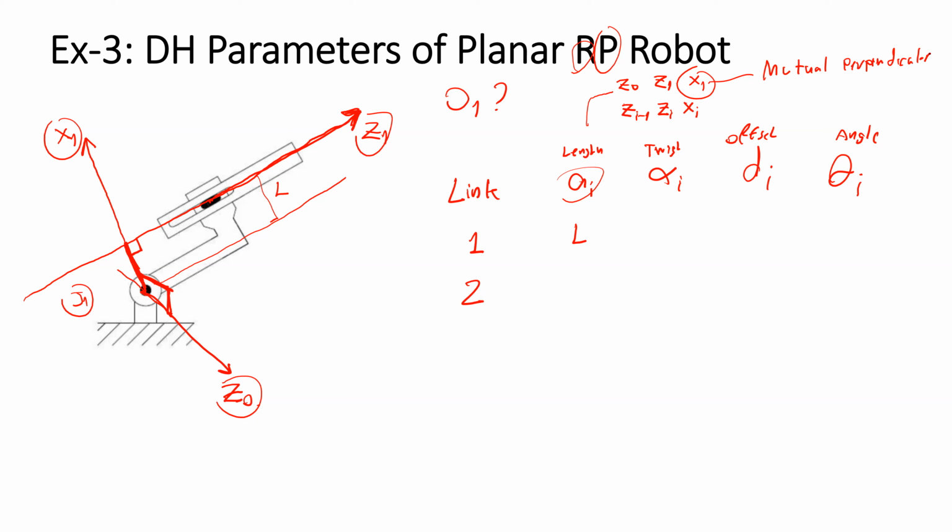The X1 should be the mutual perpendicular between Z0 and Z1. And the link length is the length measured along the mutual perpendicular, along X1. And the link twist is the angle difference between Z0 and Z1.